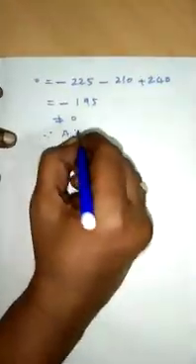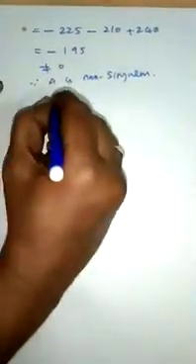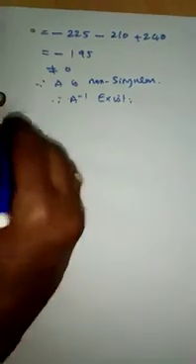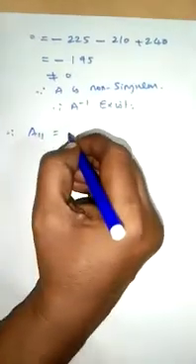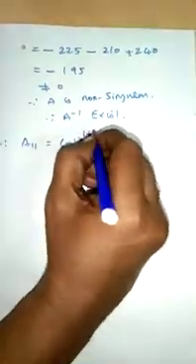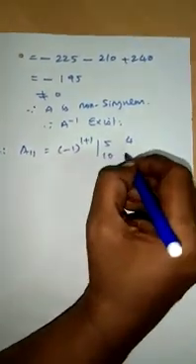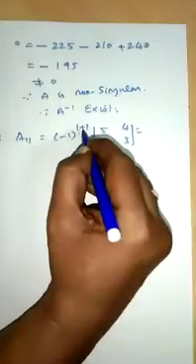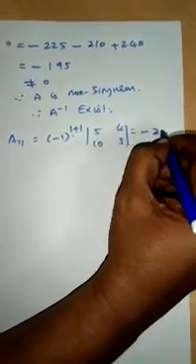Therefore, A is non-singular. Therefore, A inverse exists. Therefore, to find the cofactor matrix, A11 is equal to minus 1 power 1 plus 1 and its minor is 5, 4, 10 and 3. 1 plus 1 is 2, minus 1 power 2 is plus, then cross multiplying we get minus 25.